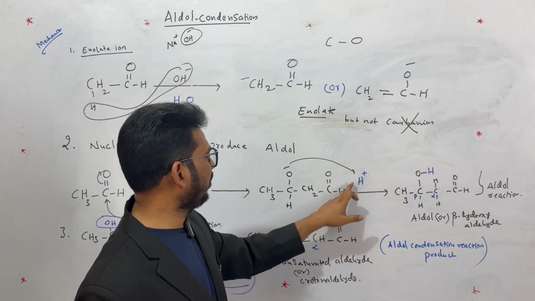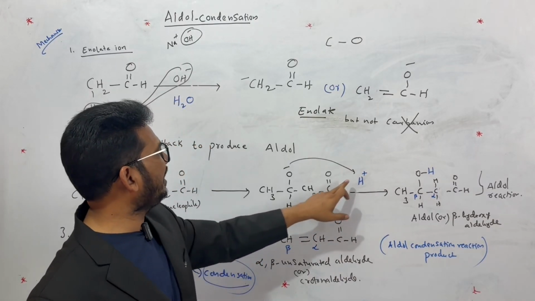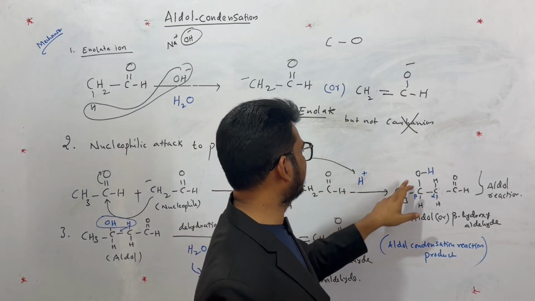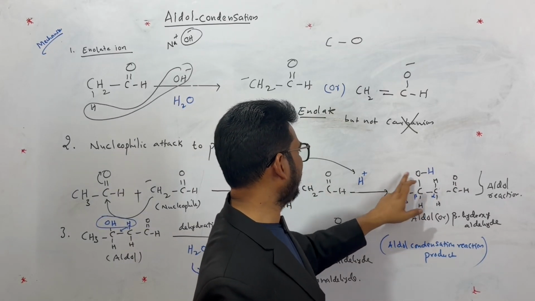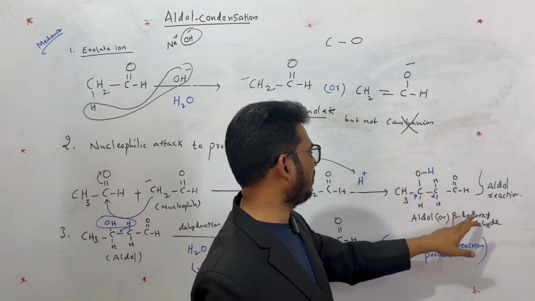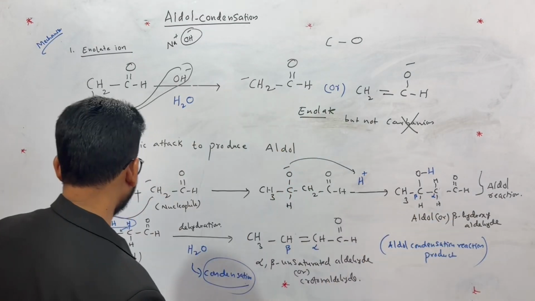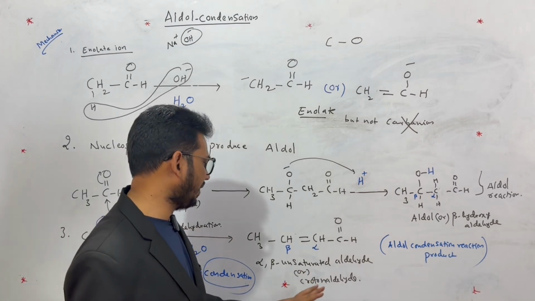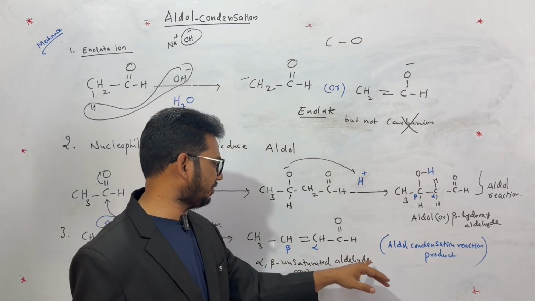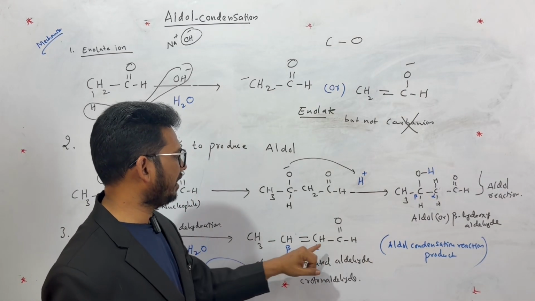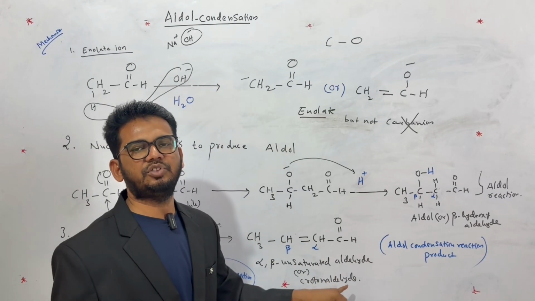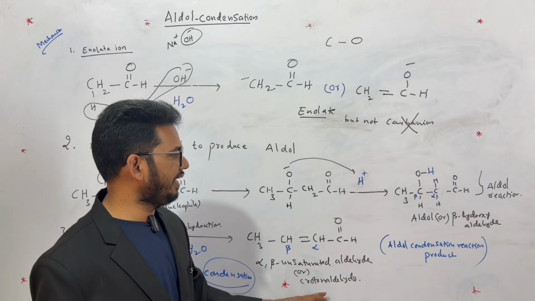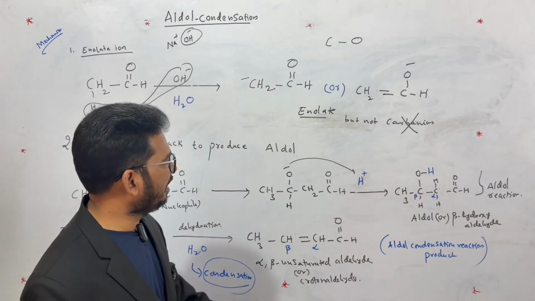Then after protonation, with the hydrogen coming from water, it produces the beta hydroxy aldehyde or aldol. Then this aldol product undergoes dehydration to produce the final product, the alpha, beta unsaturated aldehyde, also called crotonaldehyde, which we use in fragrances and flavors. That's why this is very important. The industry produces it in bulk.